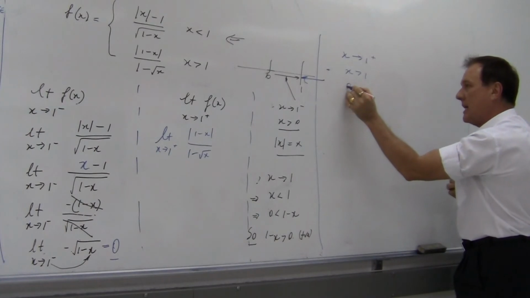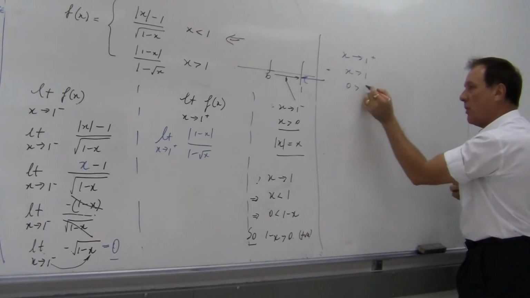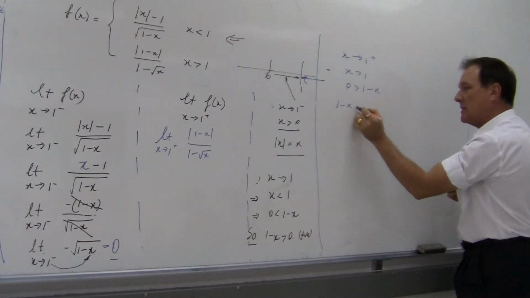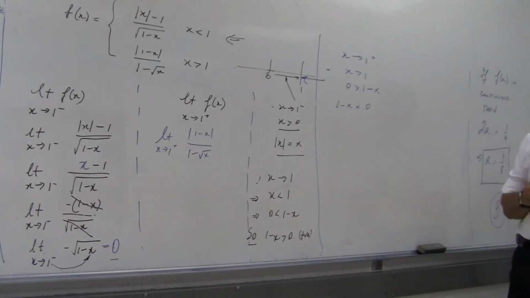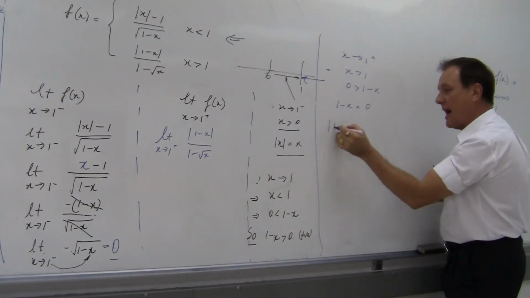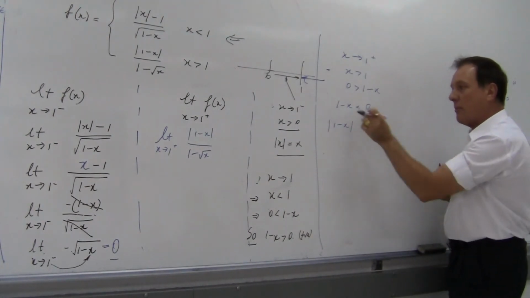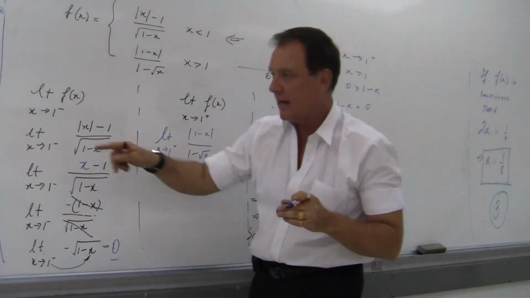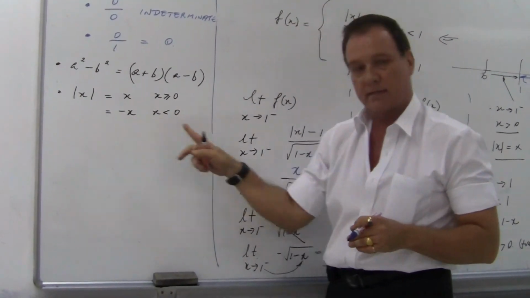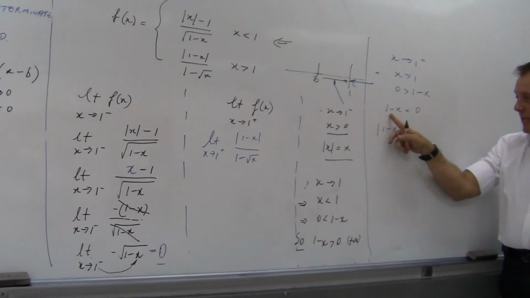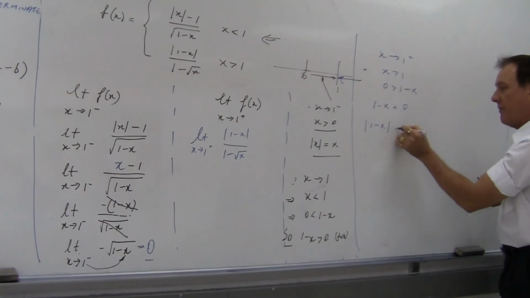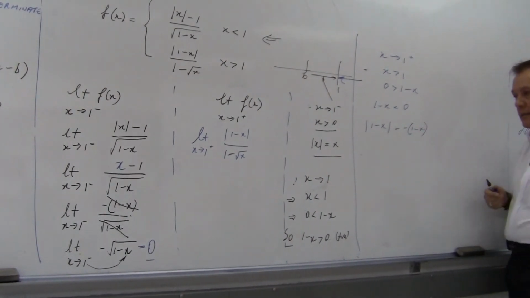If I change it, I get 0 is greater than, subtracting x all the way through, 1 minus x. So here then, 1 minus x is less than 0, and I need to keep that in mind. I've got the absolute value of 1 minus x, but 1 minus x is less than 0. The absolute value of x, if x is less than 0, is minus x. So this thing here becomes negative 1 minus x.